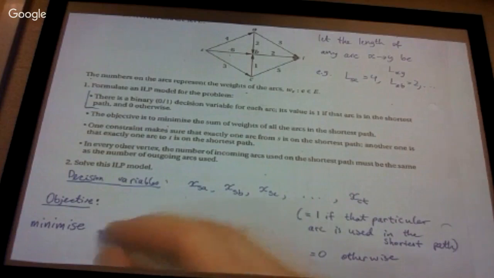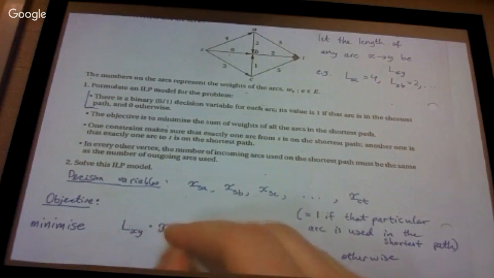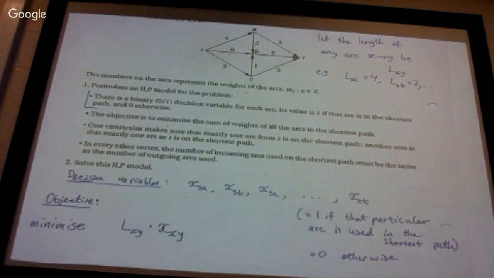And then what you want to minimize is, well, that's okay. You look at all the arcs that are 1, and you add their lengths together.